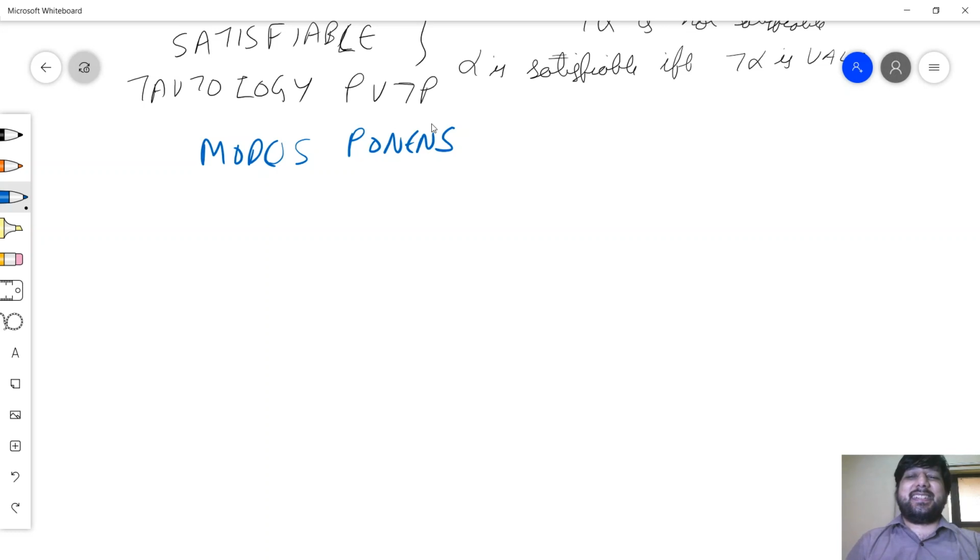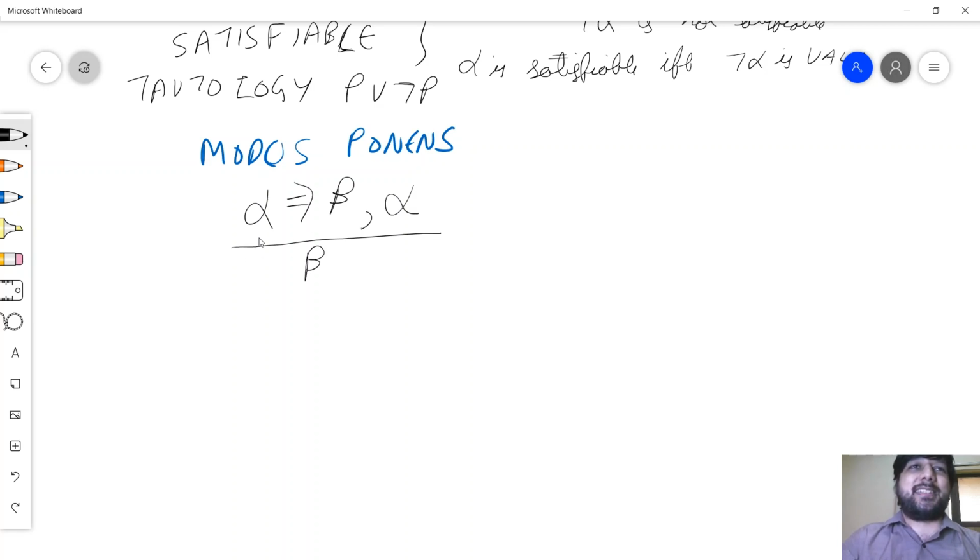It's some mode that affirms, some mode that holds good. All it says is, if I am given alpha implies beta in my knowledge base, I somehow know that, and from my knowledge base I also know alpha, then I can derive beta.